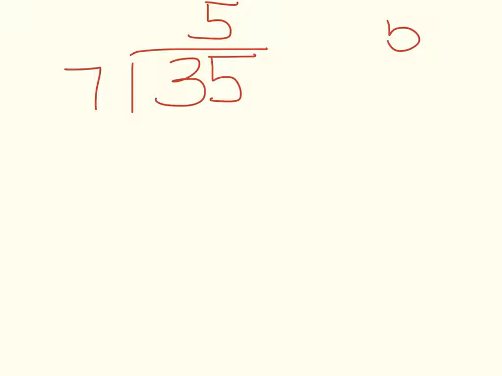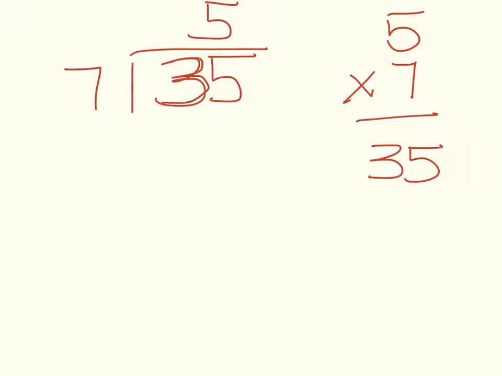So we could say 5 times 7 equals 35. And yep, we're good. Our dividend was 35. Our divisor was 7. And our quotient was 5.